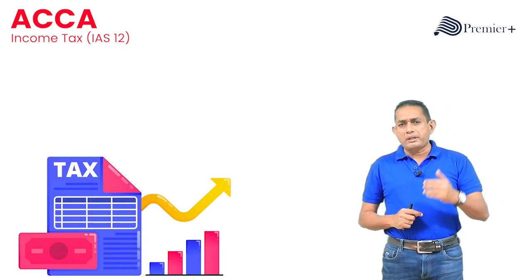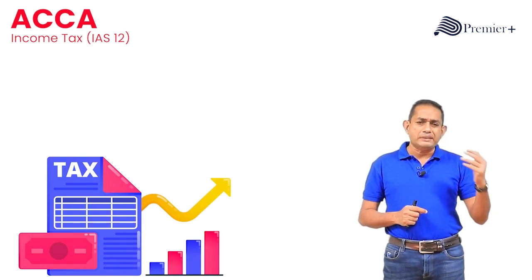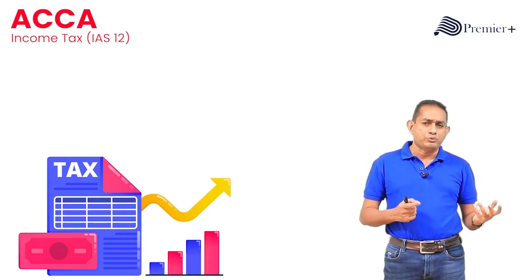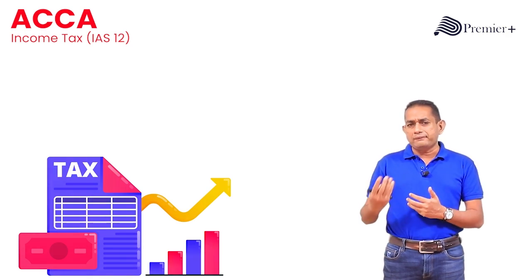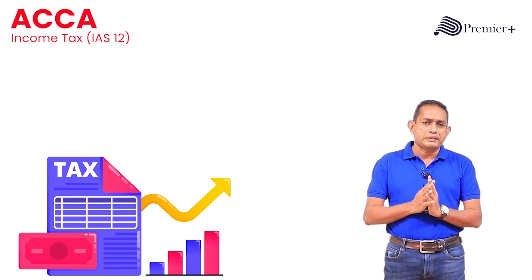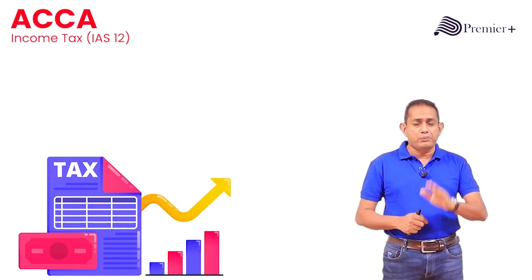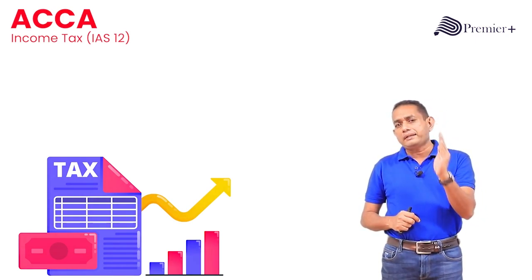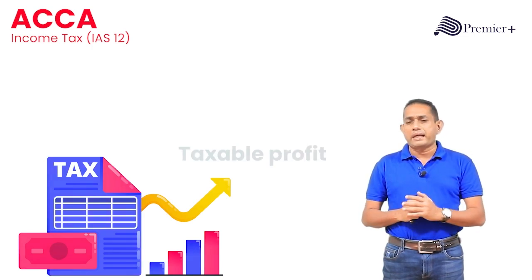And you do not know what deferred taxes are for the moment. You would have heard about current taxes, I'm not pretty sure, though, but you wouldn't have heard about deferred taxes. I must tell you what deferred taxes and current taxes are. Just for the moment, remember, current taxes are any taxes calculated on your taxable profit.